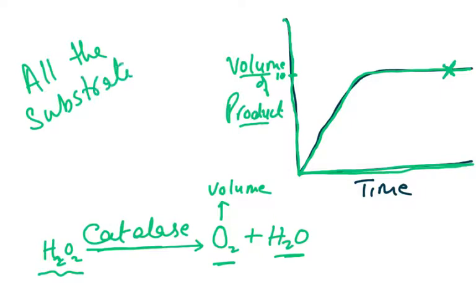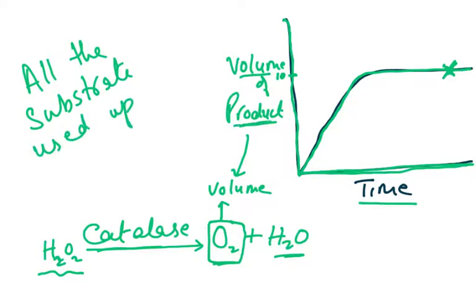So a similar graph, but now look at the labeling on the x-axis and the y-axis. The x-axis is time, and on the y-axis is the volume of the product. Here the volume of the product is the oxygen in this situation. So if I had to ask you what was happening at x, you would say all the substrate used up.